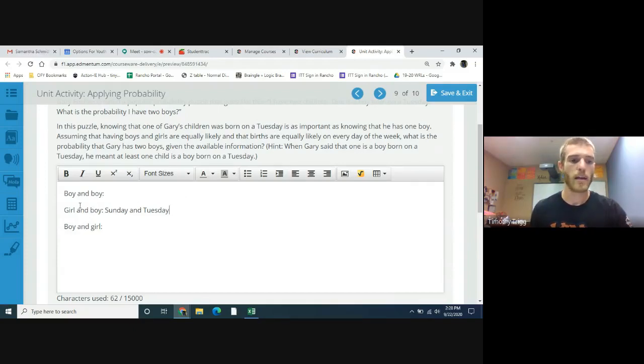So the boy, if you only have one boy, that means that boy has to be born on Tuesday. The girl could have been born on Monday, but the boy, again, has to be Tuesday because we already know he has a boy that was born on Tuesday. The girl could be born on Tuesday also. So it could be Tuesday and Tuesday.